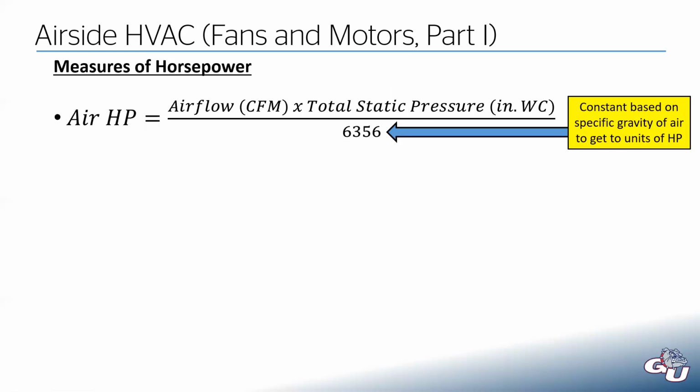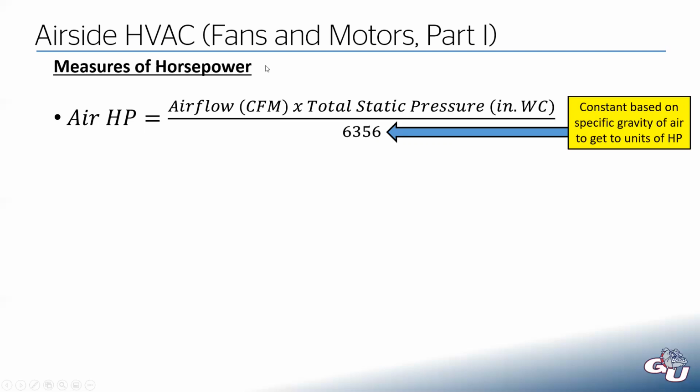And that is just a constant that's based on the specific gravity of air. That's also assuming we're working with units of CFM and inches of water column. If for some reason you were using different units, you'd have to come up with a different constant in the denominator. But in the industry, we use CFM and inches of water column.